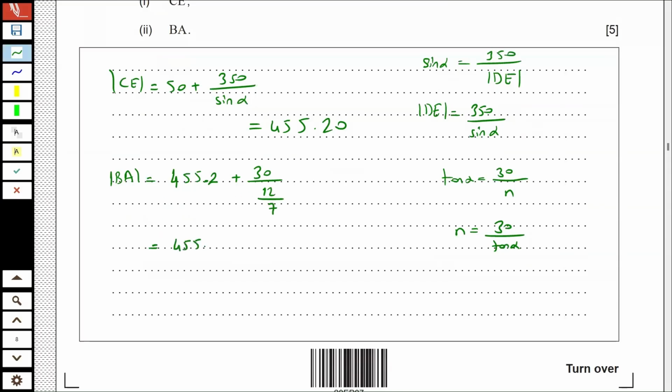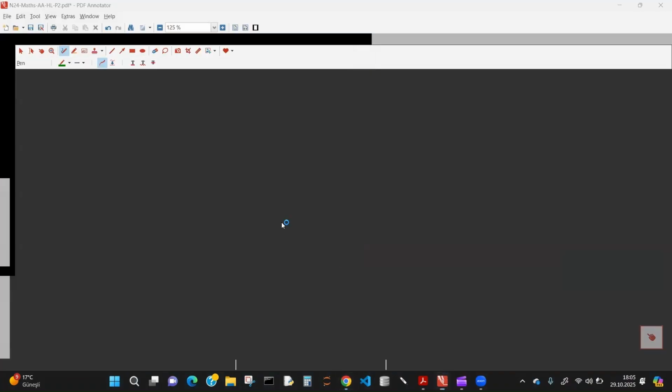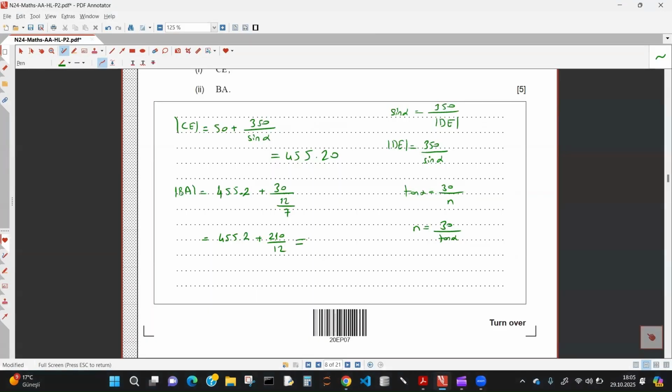So I will find 455.2 plus 210 divided by 12. 210 divided by 12. This is 472.7.